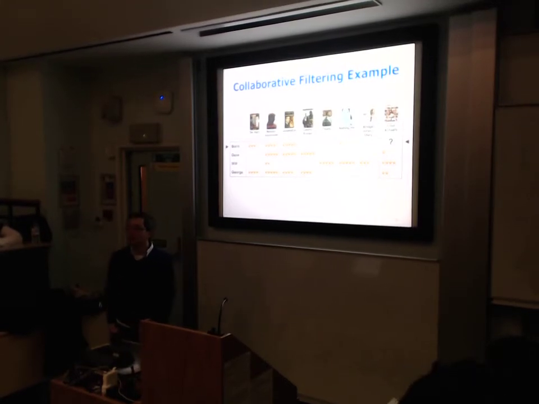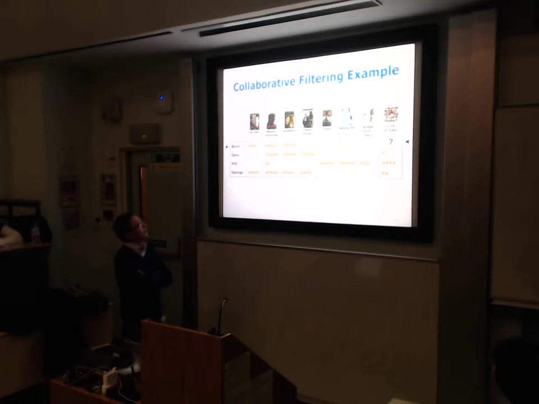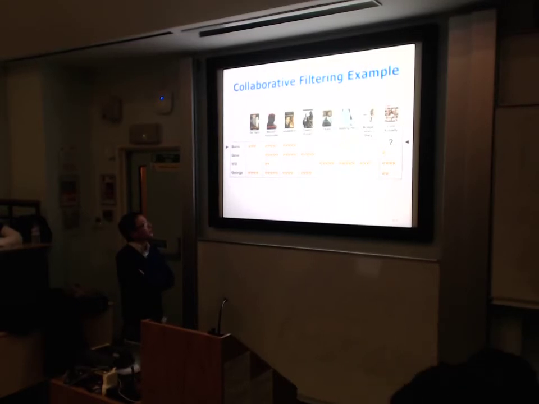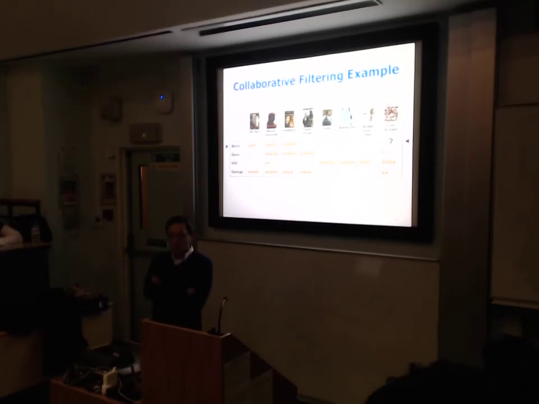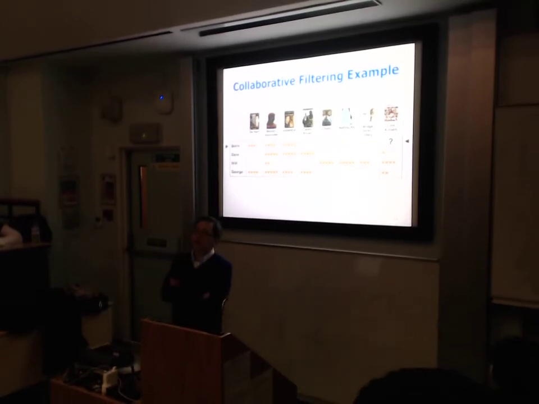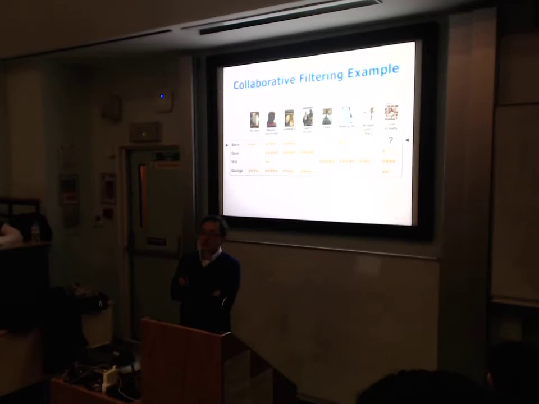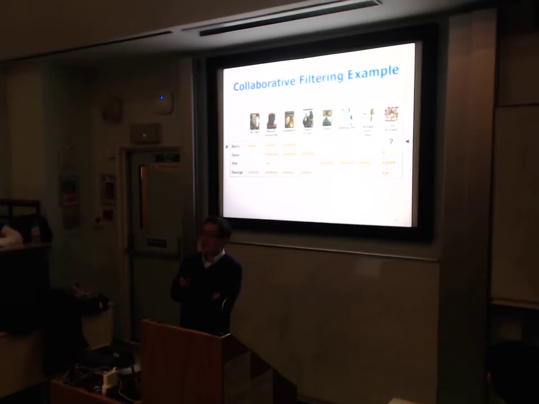Yeah, so the user seems to like action movies, and the one with the 1 star seems like it's not an action movie. So most likely you wouldn't be into a romantic kind of movie. But think about this Amazon case: people who bought this also bought that.